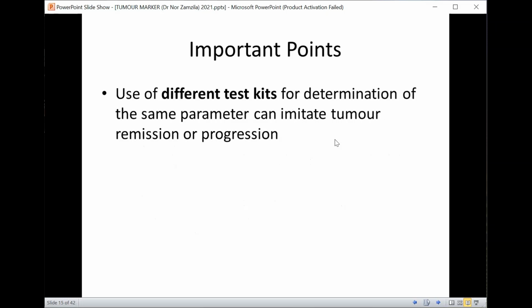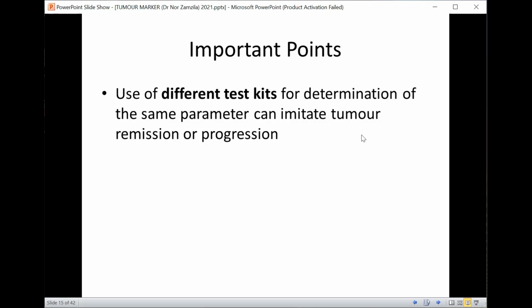The last one: use of different test kits for determination of the same parameter can imitate tumor remission or progression. This commonly happens when you see a patient in one hospital. That hospital is using this type of analyzer, this kind of sensitivity and so on, and you get the result of the tumor marker.